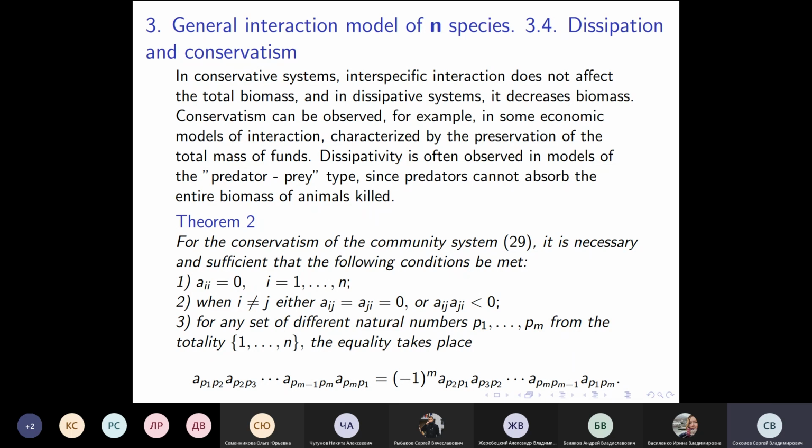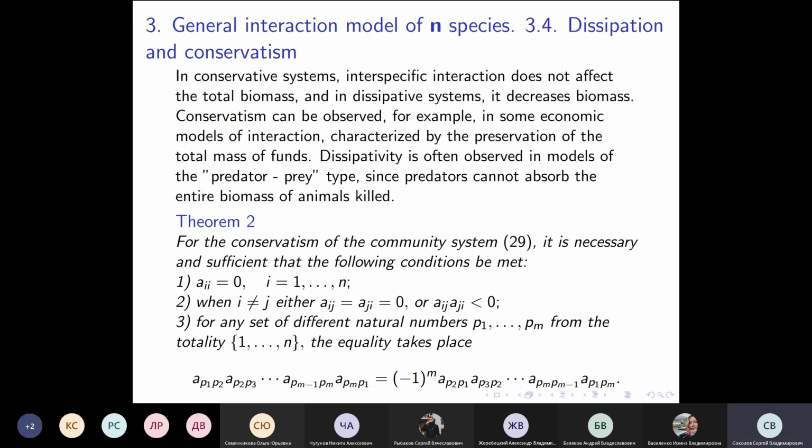So our victims gain the biomass from the environment and then transpose it to predators. And then the system will become balanced.